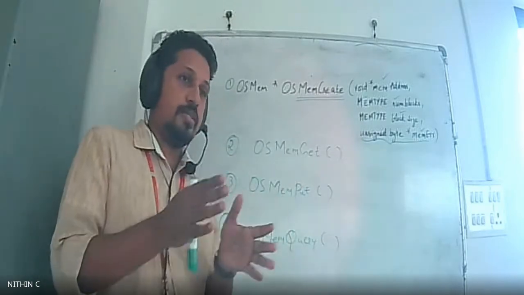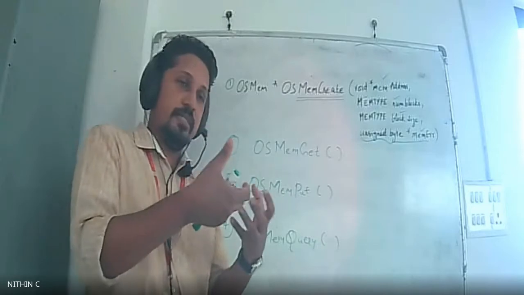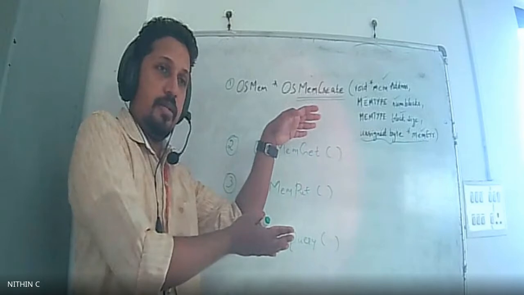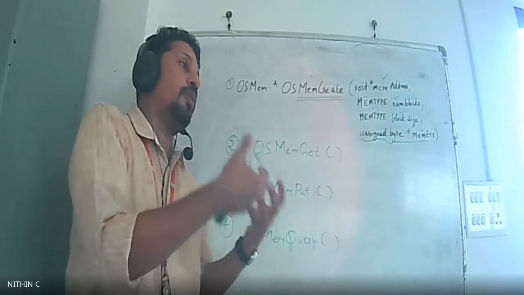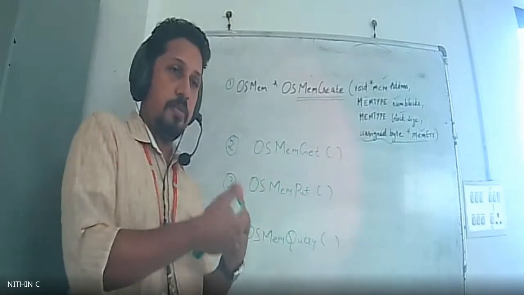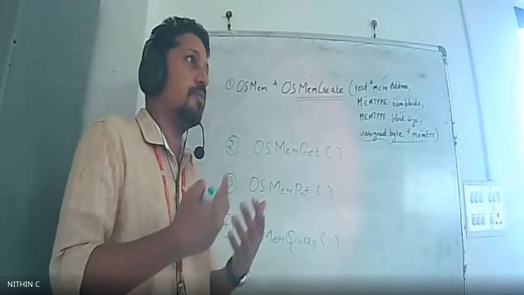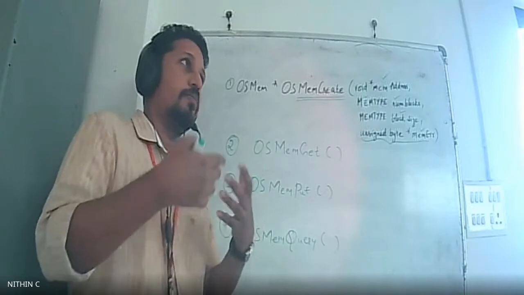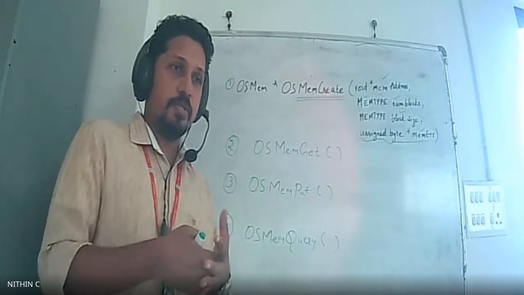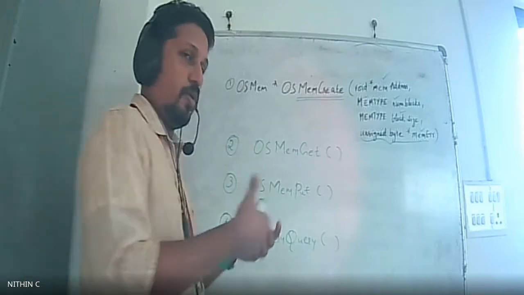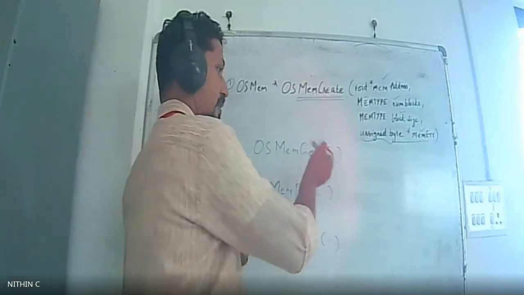If you have a partition of memory and you need to get a particular block from that partition, you can make use of this function. For what you are getting this block, you need to access that block either to perform a write or read operation. So for that, you need to access that block, and that particular access can be initiated by the OS memory get function.